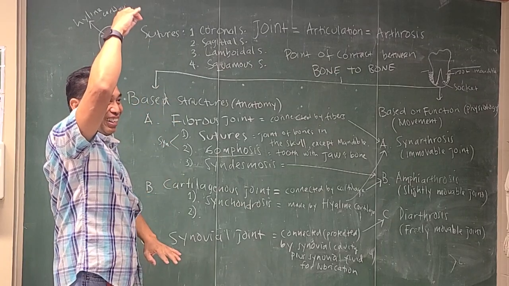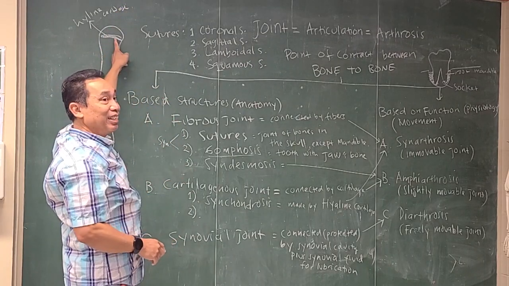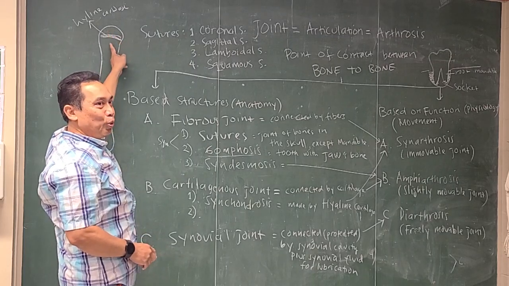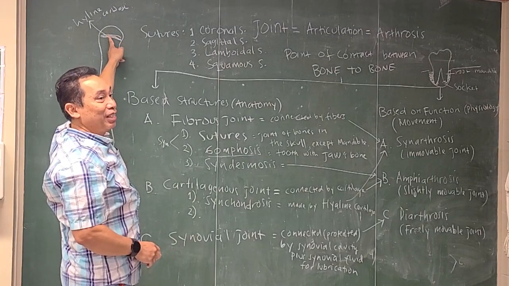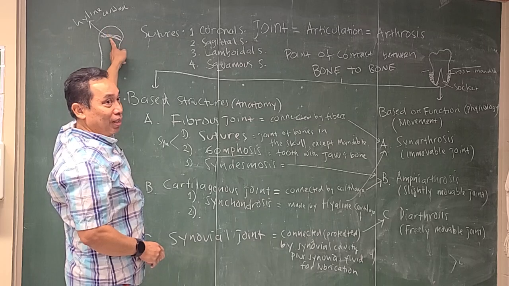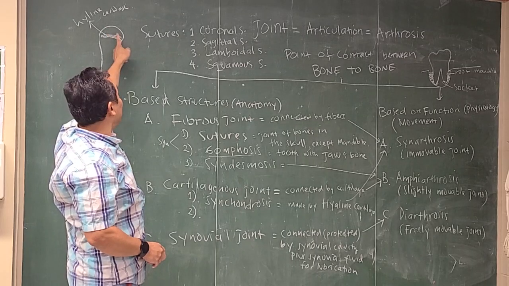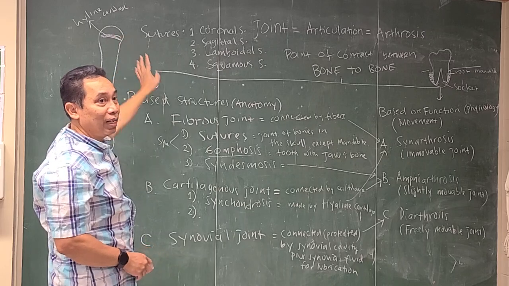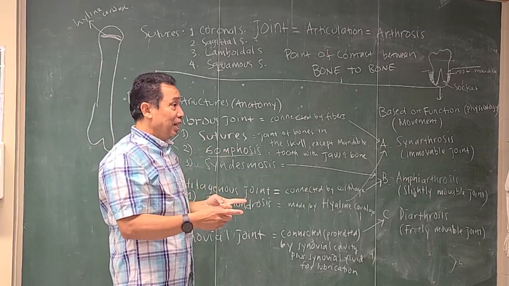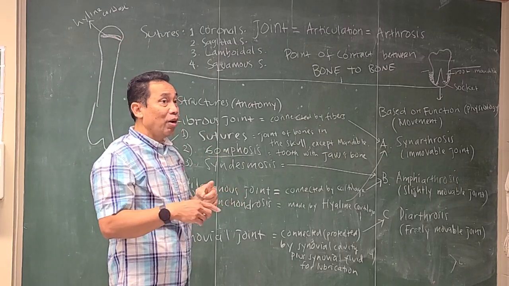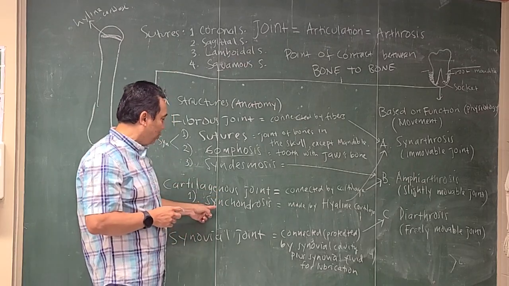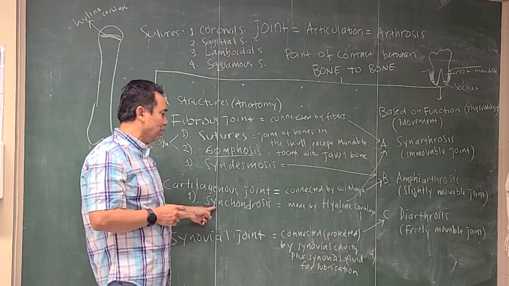It makes you taller. There is a hyaline cartilage between the epiphysis and metaphysis, the epiphyseal plate, that separates two parts of the long bone, and it makes that joint a synchondrosis.